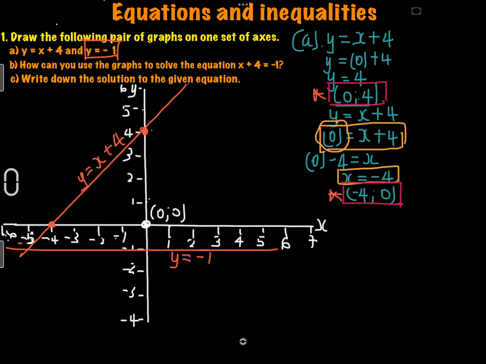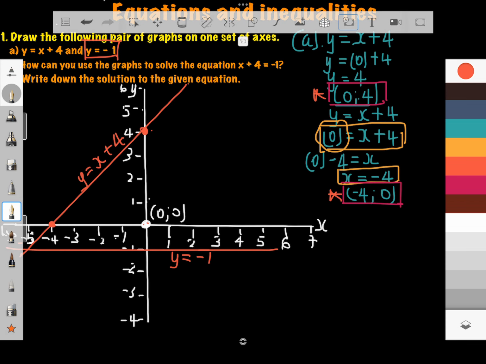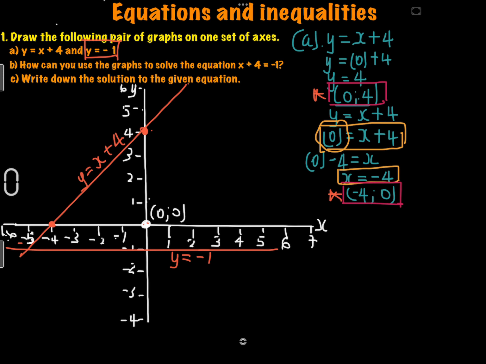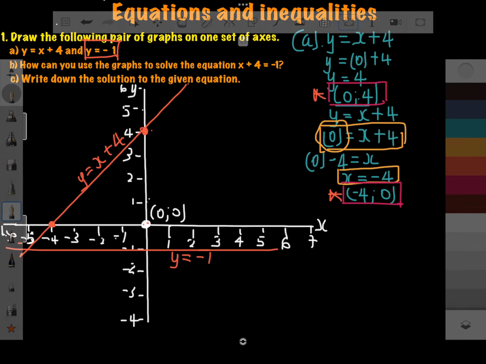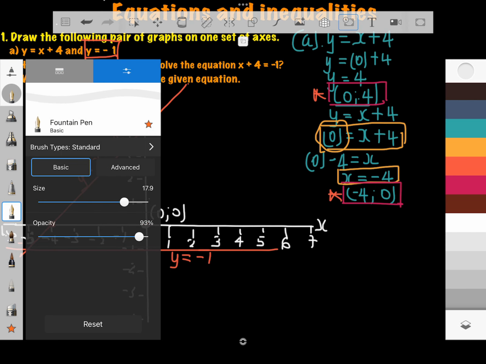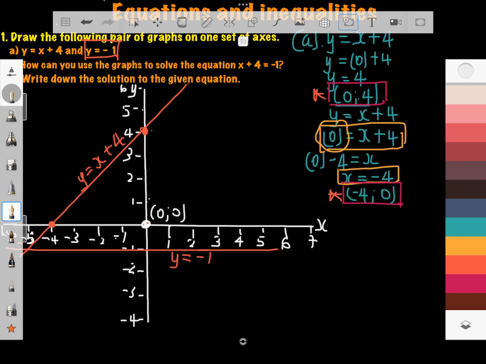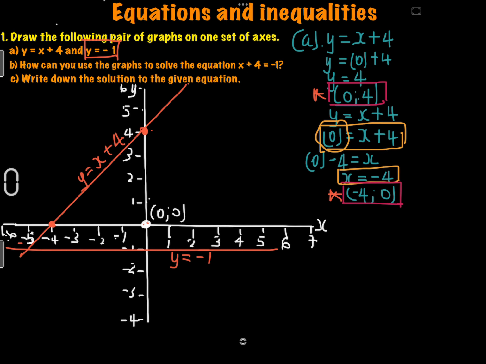The question is basically asking us to find the intersection of those two graphs. So where they meet, they meet at this point here. In fact, let me indicate the point where these two graphs intersect. They intersect here. That's where they meet.